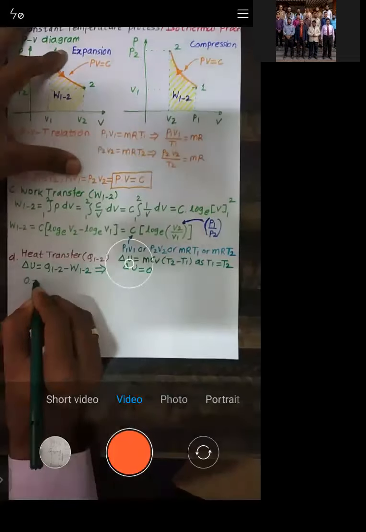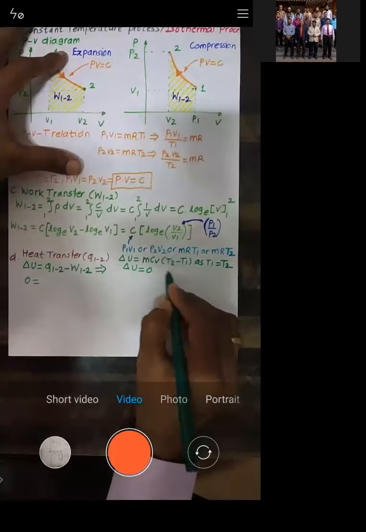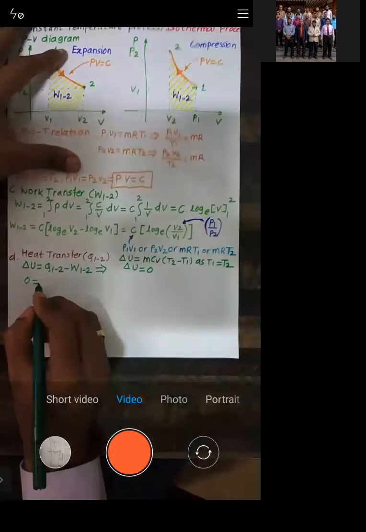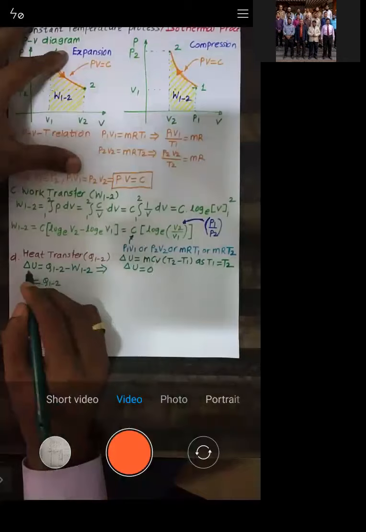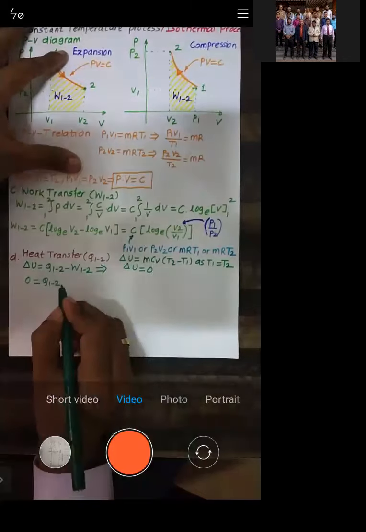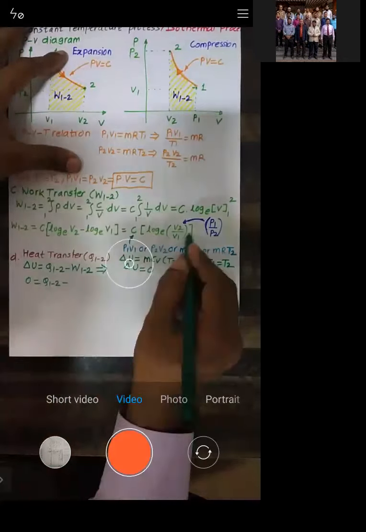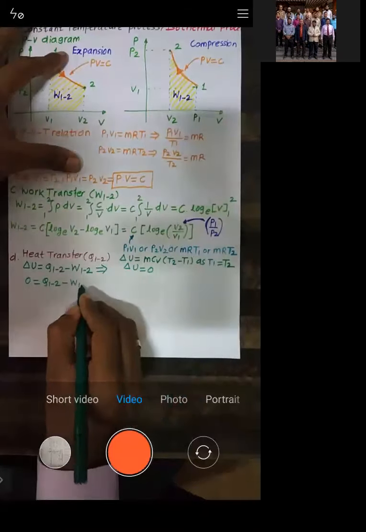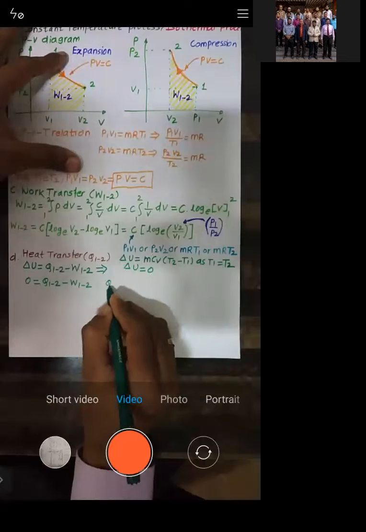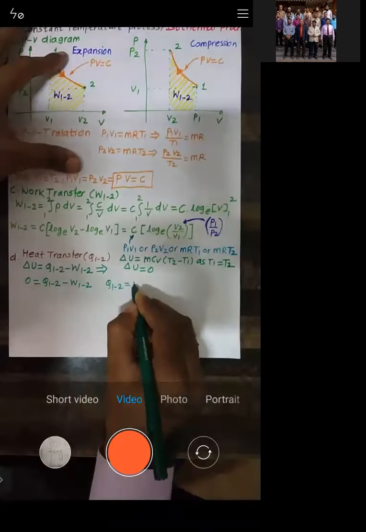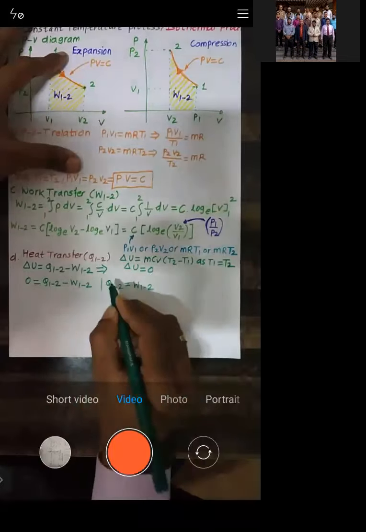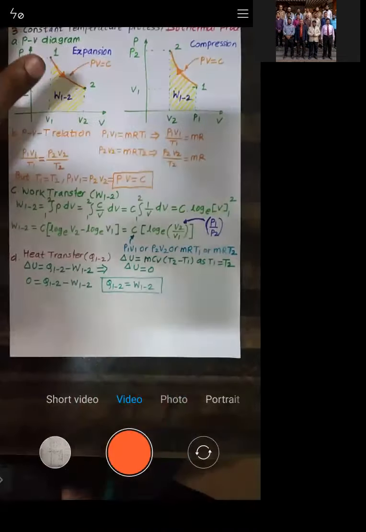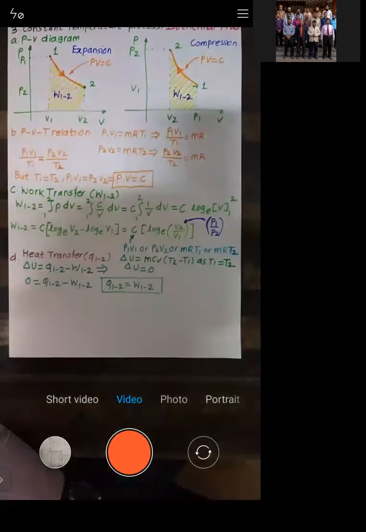When T2 is equal to T1, this term will be 0 and your change in internal energy is 0. So delta U is 0, and Q1-2 minus W1-2 equals 0. So you can write this as heat transfer is equal to work transfer. Try to understand: heat transfer is equal to work transfer.